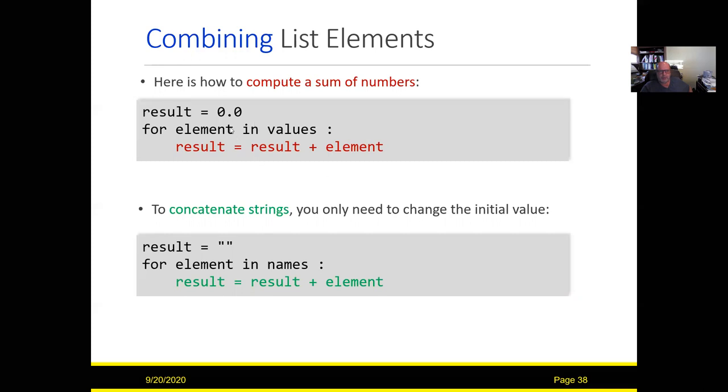So we can go through it, and we can combine them. Again, when you're using for each, this element is a copy of each element in the list. So if you update this element, it's not going to affect your list. So here we're creating a string, and we're adding stuff in the string.